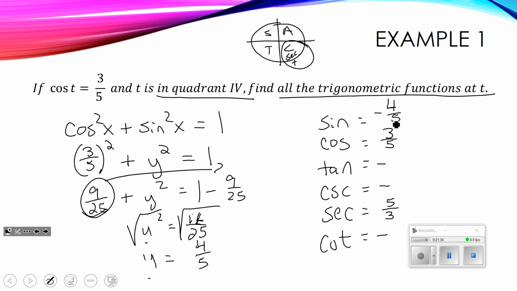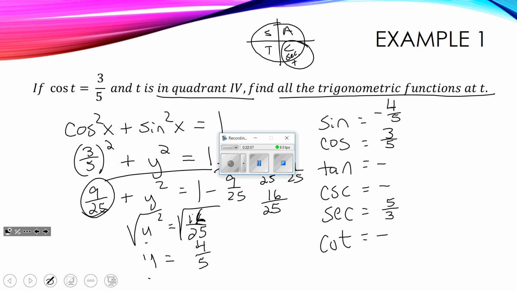The 1 is the same thing as 25 over 25, so with common denominators, 25 over 25 minus 9 over 25 is 16 over 25. Okay? All right, so take a couple minutes and fill in the rest of the chart now that you know what you know.